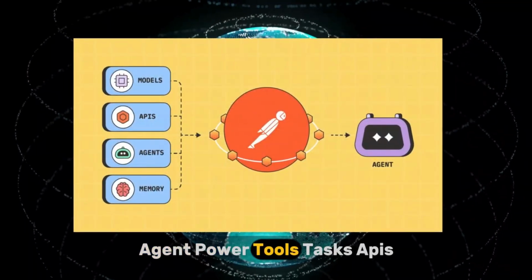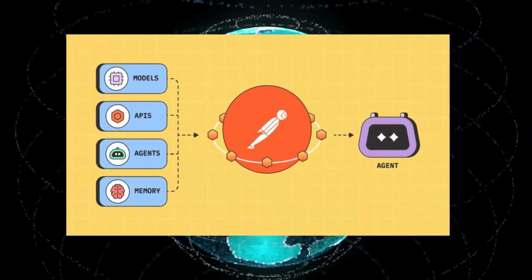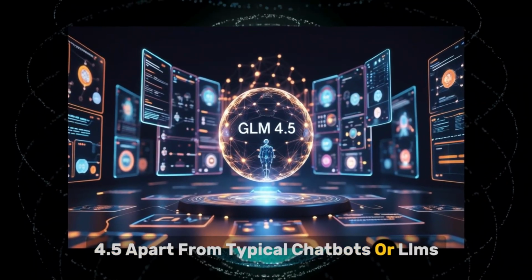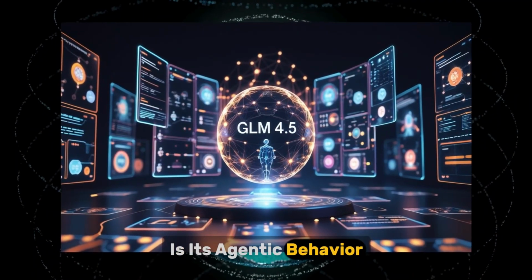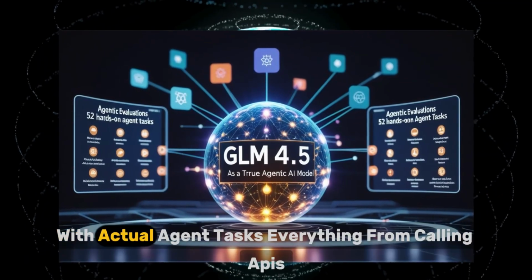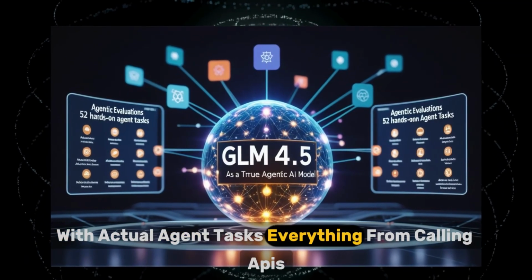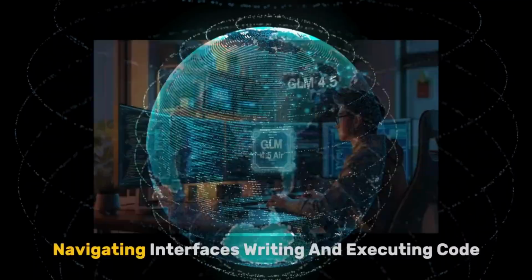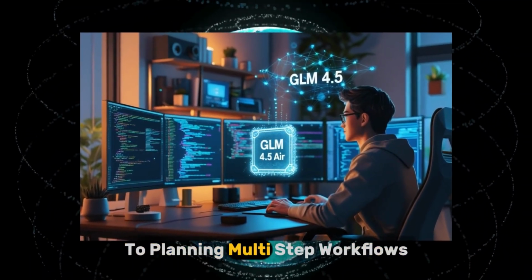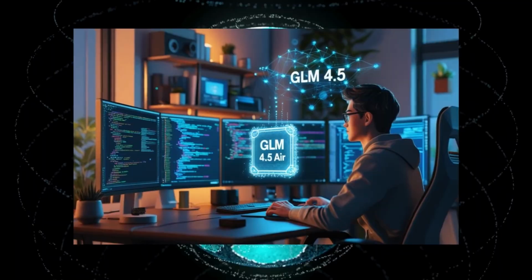Agent power, tools, tasks, APIs. But what really sets GLM 4.5 apart from typical chatbots or LLMs is its agentic behavior. Zhipu ran a series of 52 hands-on evaluations with actual agent tasks. Everything from calling APIs, navigating interfaces, writing and executing code, to planning multi-step workflows.